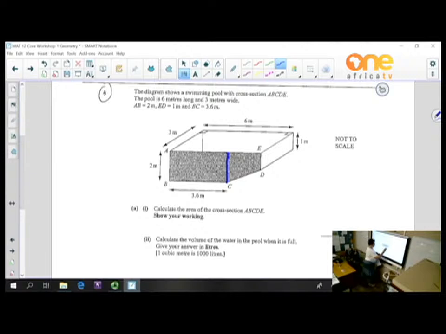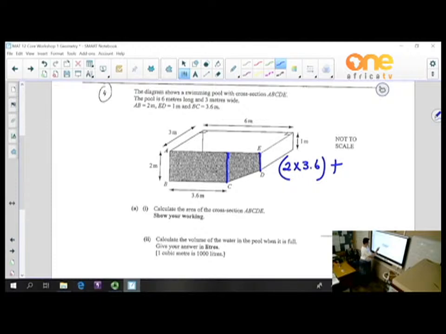So the rectangle here will be 2 times 3.6, but now we'll have to calculate the trapezium on this side. Now, if you turn it around, you'll see that this is actually your parallel lines, and this is the height that we have there.